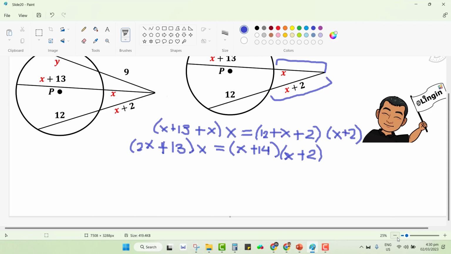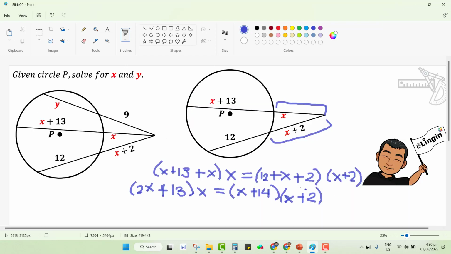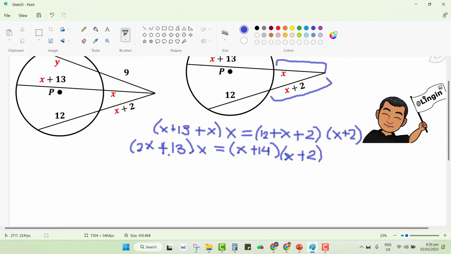Let me add some more space, since I believe it will be a longer process. Here we apply the distributive property, so we'll have 2x squared plus 13x for the left hand side.